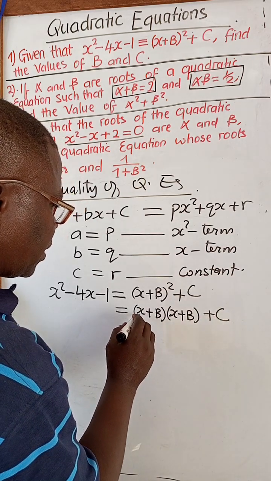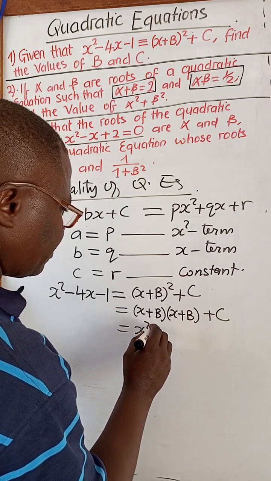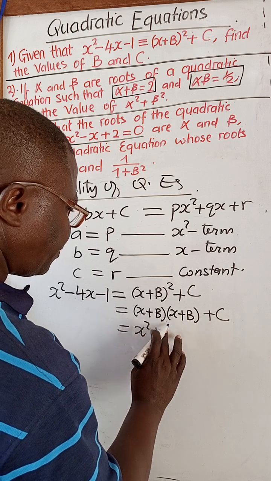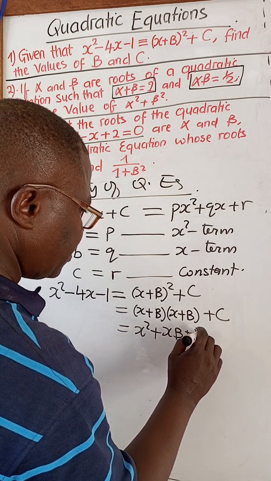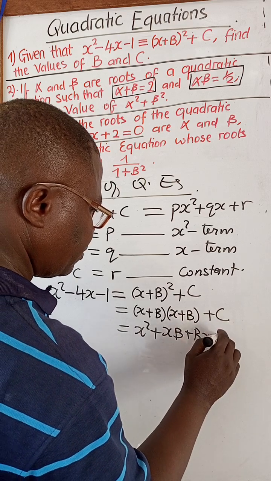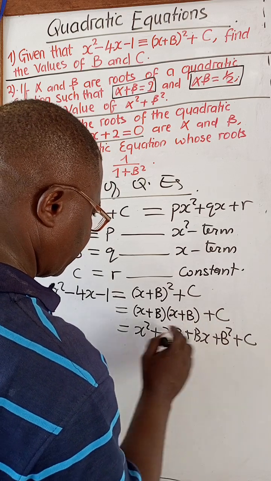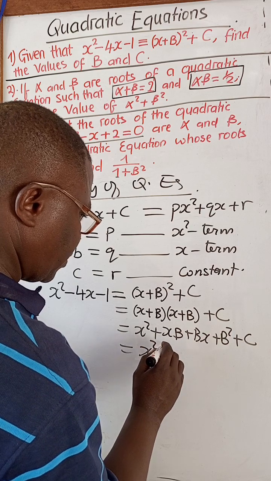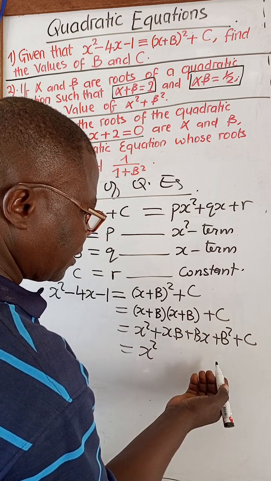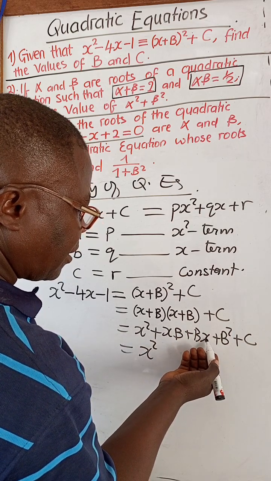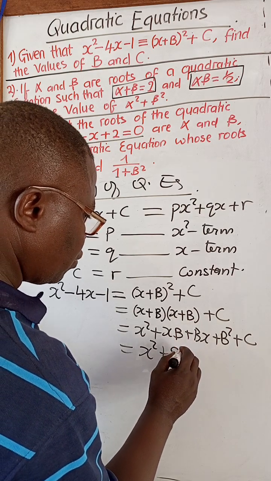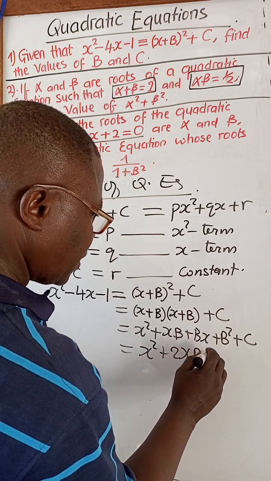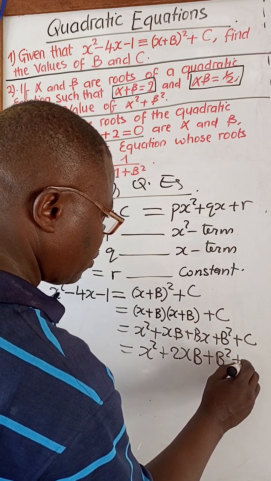Now this gives us x multiplied by x, x squared, x multiplied by b, xb, b multiplied by x, bx, b multiplied by b, b squared plus c. This gives us x squared, xb, bx, they are the same thing. Whether x is at the end or at the beginning, they are the same thing. So we just have 2xb, then plus b squared plus c.